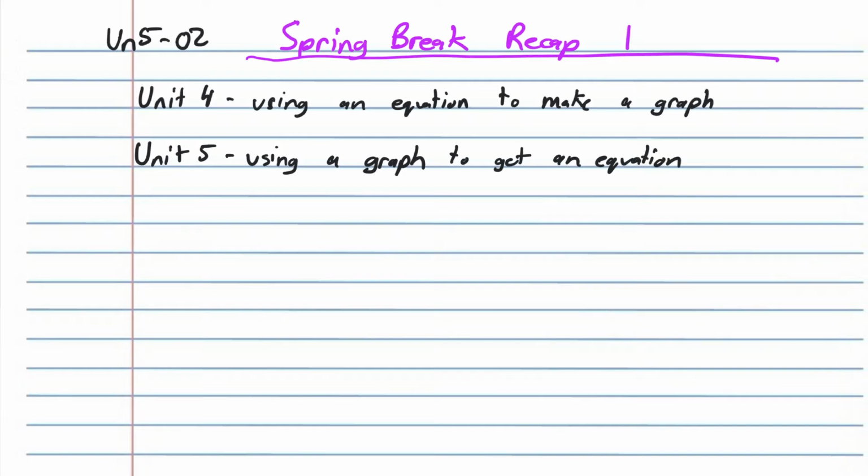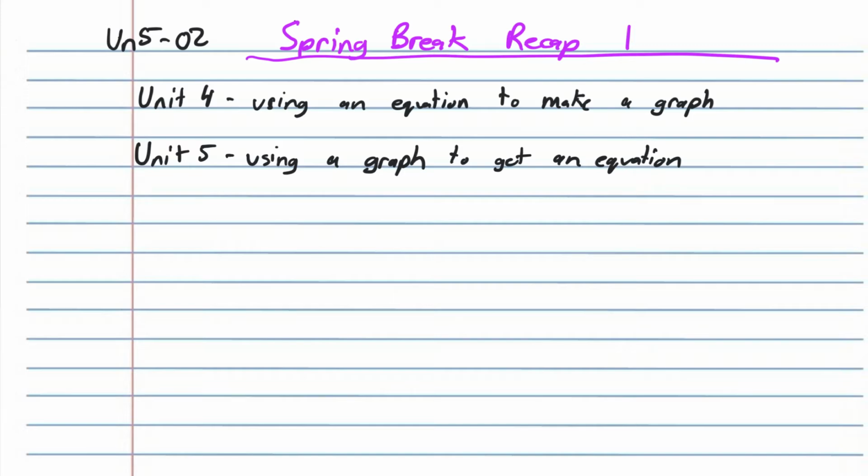So it really is basically going backwards, which means you have to have a pretty good idea of Unit 4 in order to be able to do Unit 5. Okay, so in this video, I want to do a very quick recap of probably the most important thing from Unit 4, and then in the next video, I'll do a real recap of what we talked about so far as it comes to Unit 5.